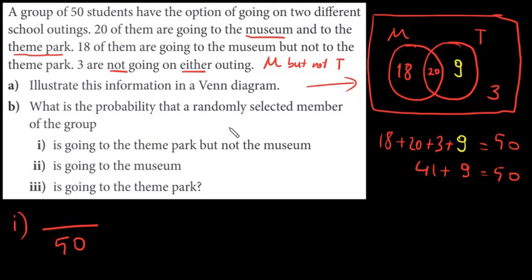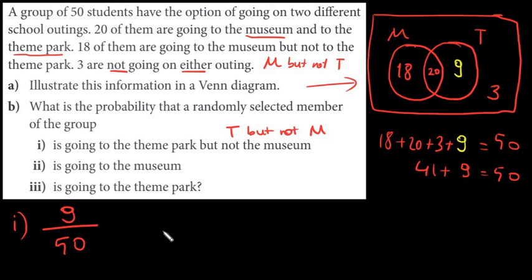What does that mean? T but not M, which means only T. This part represents only T, right? So we have to write 9 in our numerator.